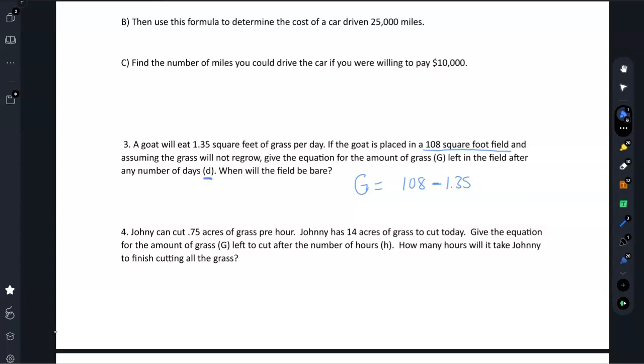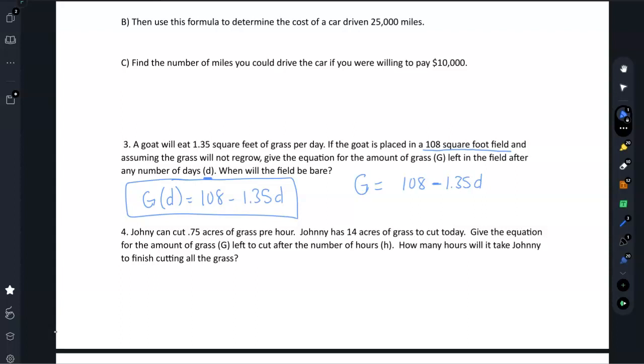And they told me to label day as a D here. So this would actually be G of D is equal to 108 minus 1.35 D, if you wanted to write it as a function. All right, so this would be my function notation. And G of D is the same thing as F of X that we've seen in the past. All right, so that would be the equation.